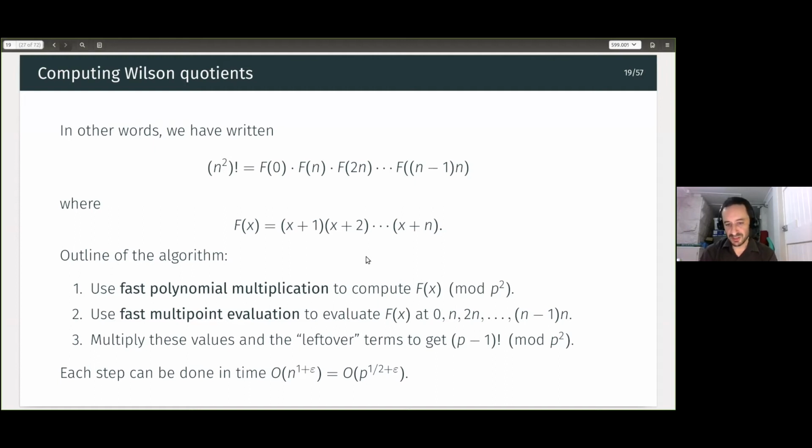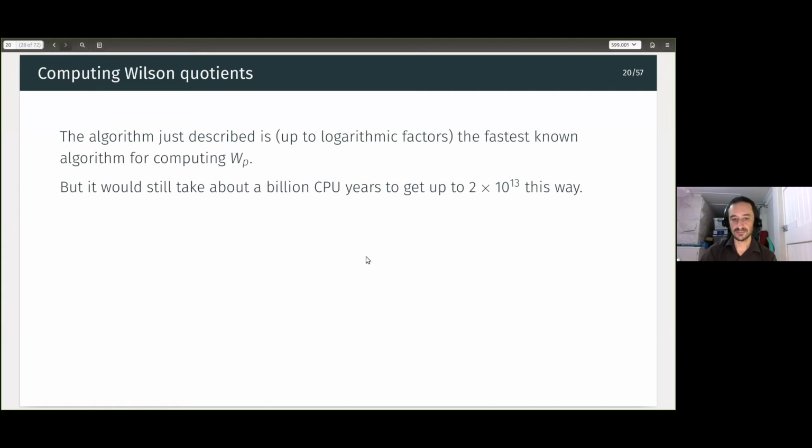And then I multiply these values together and the leftover terms, and this gives me the product modulo p squared. And for each of these steps, the complexity is only essentially square root of p. So we get a square root of p algorithm for computing this Wilson quotient. This algorithm I've just described is in fact the best known algorithm, up to some small logarithmic factor improvements, for computing a single Wilson quotient.